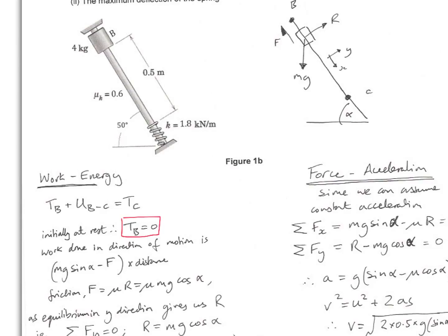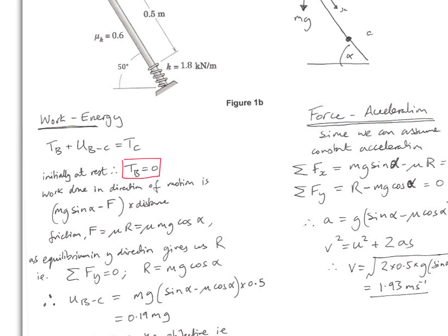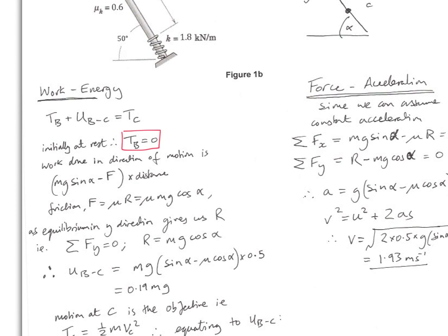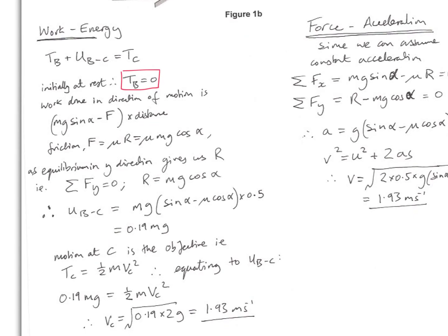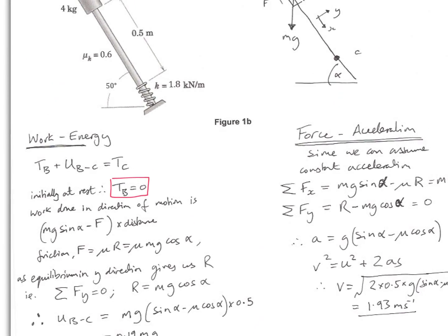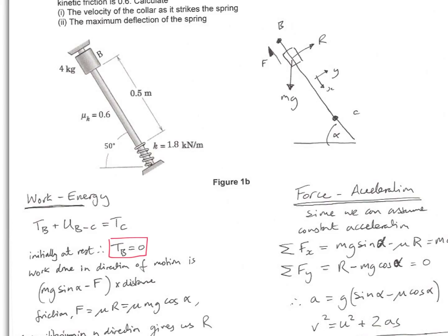Then it's a case of working out which forces are acting and what work is done. And remember, for the work that's done, you have to consider only the forces in the direction of the motion. So looking at the forces in the direction of the motion, you have friction, of course, which is opposing the motion, and you have a component of the weight, which is responsible for the overall motion down the rod.